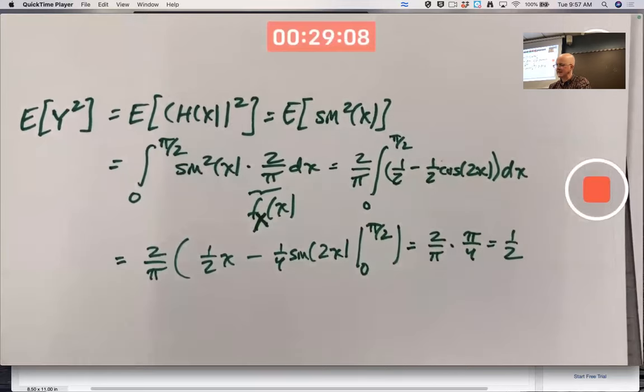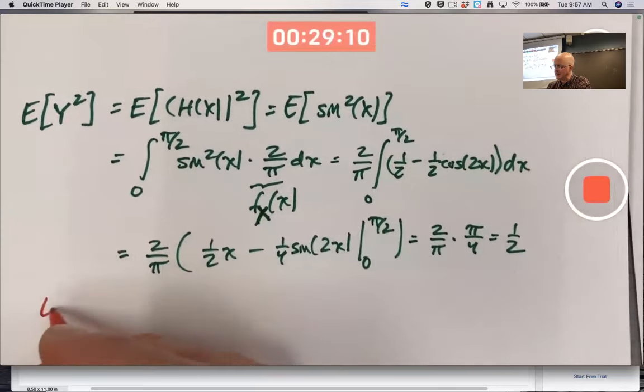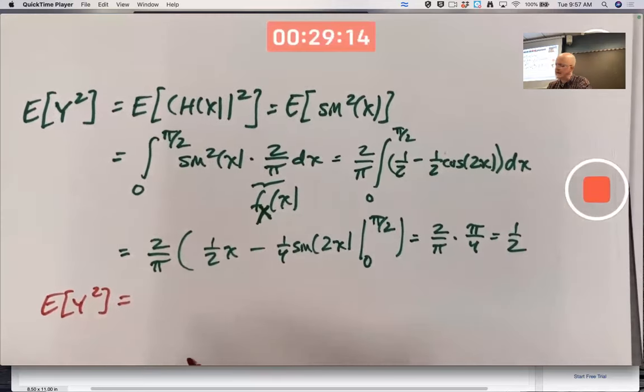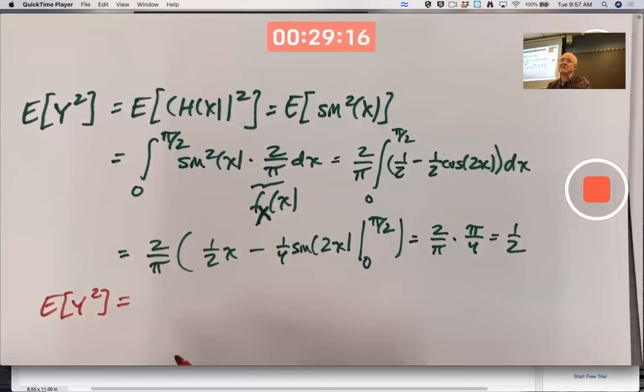Before doing the variance and standard deviation, let's think about the second moment with the other method. It looks harder, but it really ends up being equivalent if you do a trigonometric substitution.